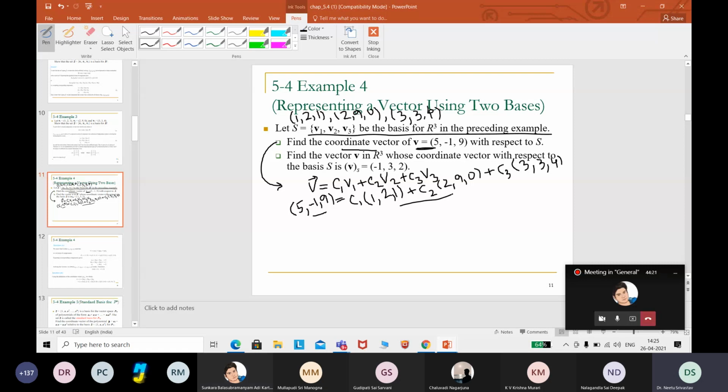Okay, now I will write the system of equations. So what will my system of equations be? C1, the first row elements will get added: C1 plus 2C2 plus 3C3 is equal to 5.